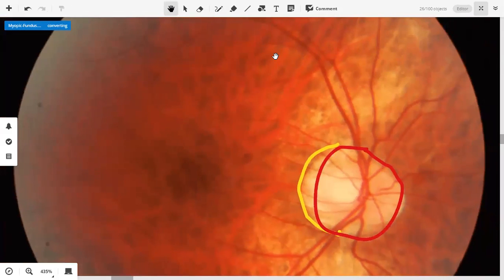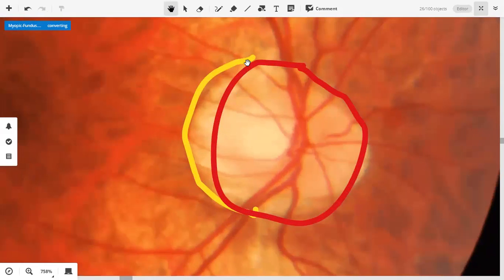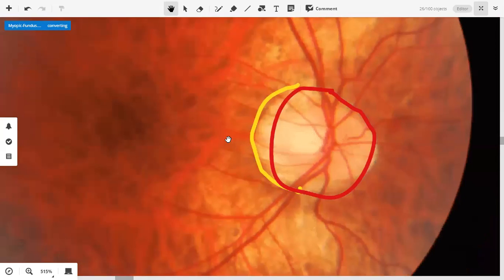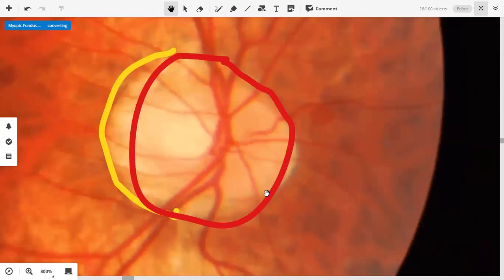What we're seeing over here is an oval disc, and it has a temporal crescent. You can see how it's crescent shaped and it's temporal, because it's present towards the macula. Similarly, on the nasal side, there's nothing we can see as of yet.